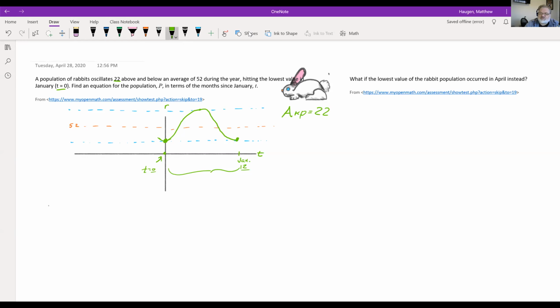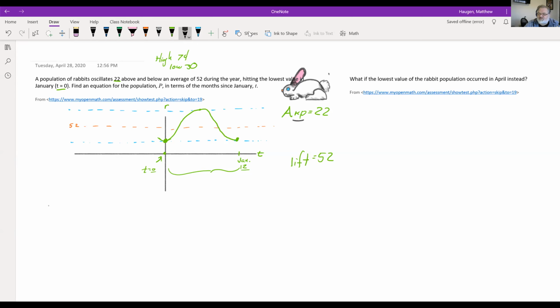Oftentimes you'll instead be given a high of, what would it be here, 74, and a low of 30. And from that you have to determine your amplitude and your midline. So you should be comfortable working either way. But we're told that amplitude and we're told that lift of 52. So they just give us that information, which is very nice of them.